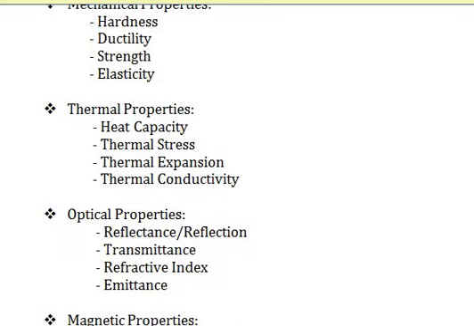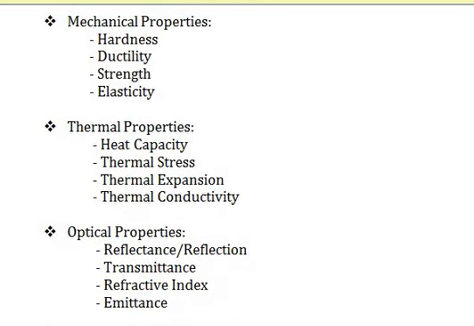We also have optical properties, and these are mostly characteristics of glasses or ceramics, and they include the reflectance or reflection, the transmittance of light, the refractive index, the emittance, and so on and so forth.